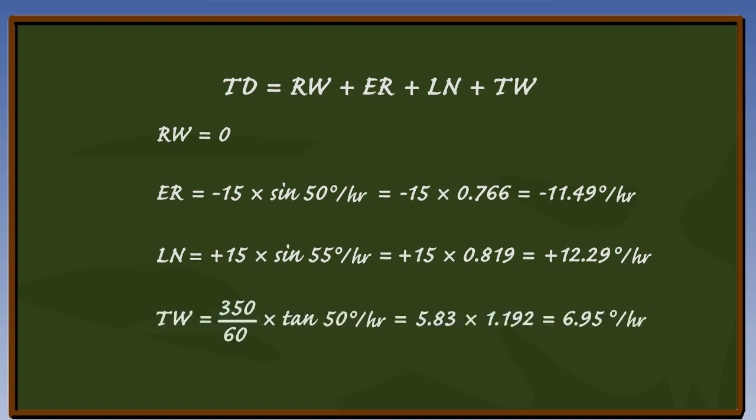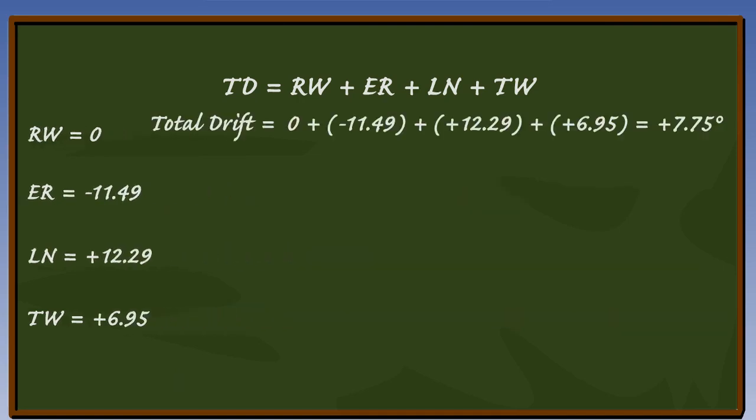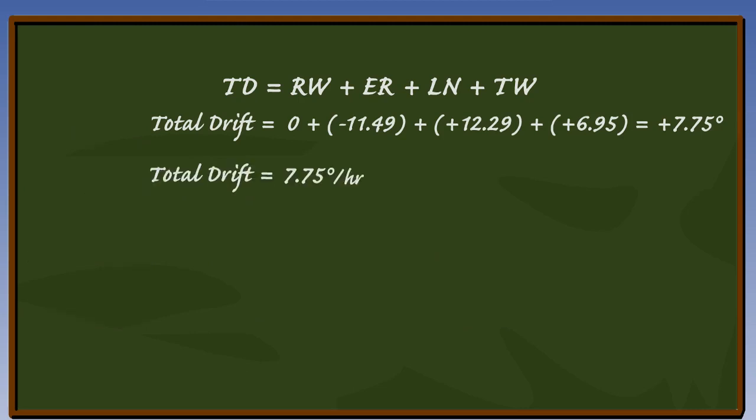Transport wander error is 350 divided by 60 times tan 50 degrees per hour. Transport wander is to the west, so the sign is plus. Filling in the equation, it looks like this. Remember, our answer so far is in degrees per hour, and our question asks, what is the total DGI error after the flight?